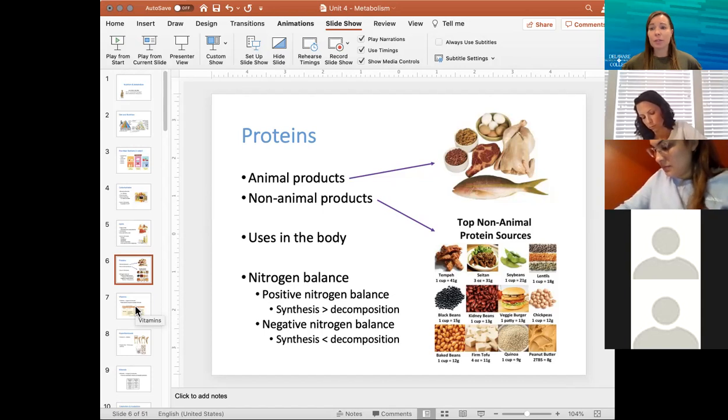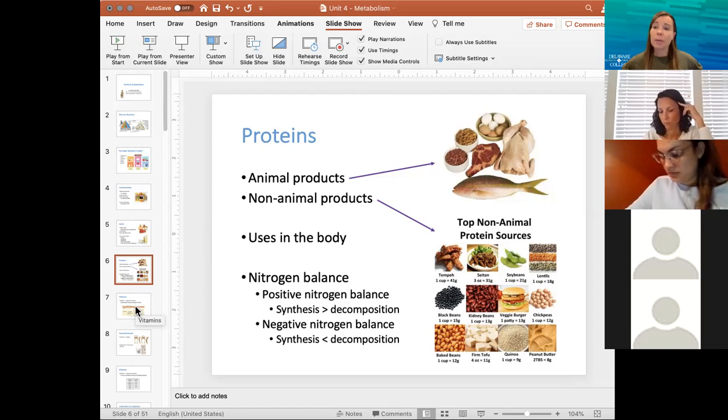So in a child, for instance, if they're having a growth spurt, the body is just making a lot of new tissues at that time to support growth, then you would probably see more proteins being made than are being broken down. So you would have a positive nitrogen balance.